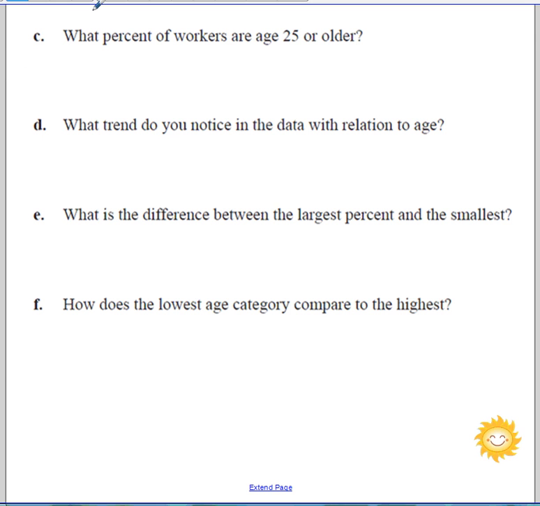And so we can take the total of 100% and subtract off that answer, or think of it as subtracting off the 4 and subtracting off the 9.6. And that leaves us that 86.4% of the workers are 25 or older.